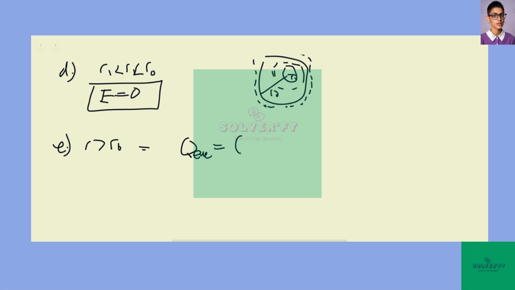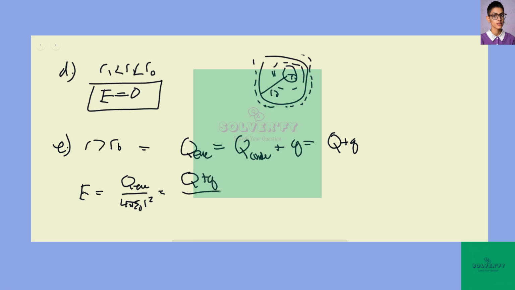The total enclosed will be the conductor charge plus the point charge, and we already said the conductor has a total charge of Q. So this is just Q plus little q. Now from Gauss's law, the electric field looks like a point charge with Q enclosed over 4 pi epsilon naught r squared. This is just big Q plus little q all over the same thing, and that is E. Awesome.